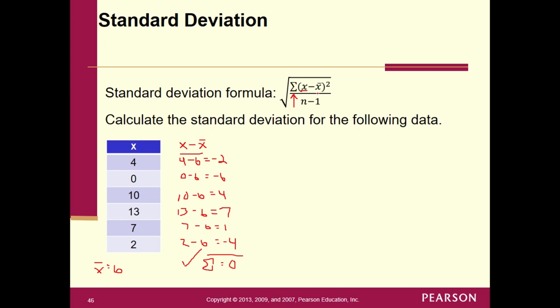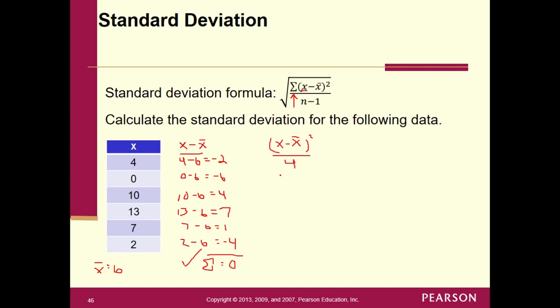Okay, what's the next step? We got to take those deviations and square them. So we got x minus x bar. We'll put that in parentheses and square them. I'm not going to write all these out. So we got a negative 2 squared. What is that? Positive 4.